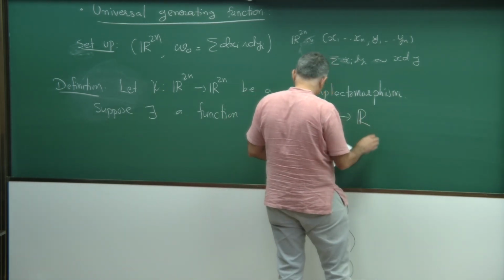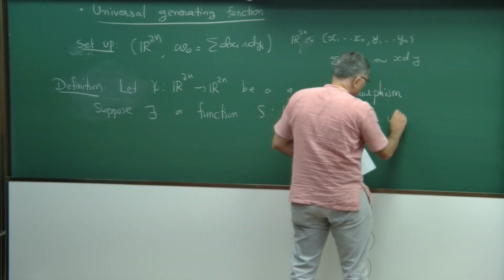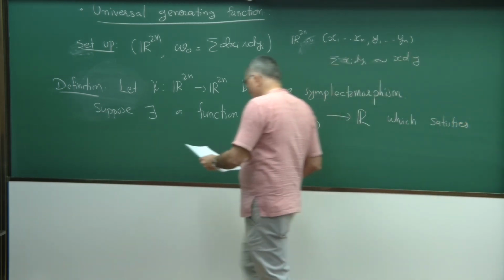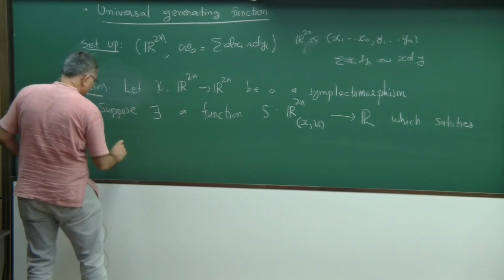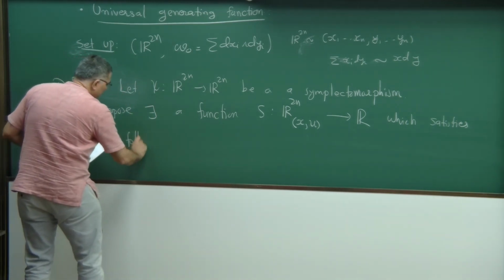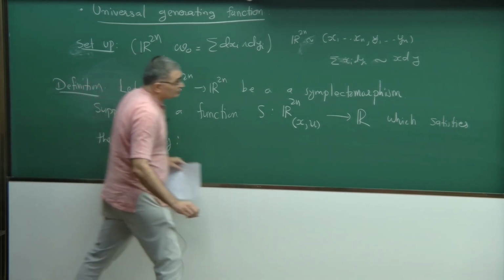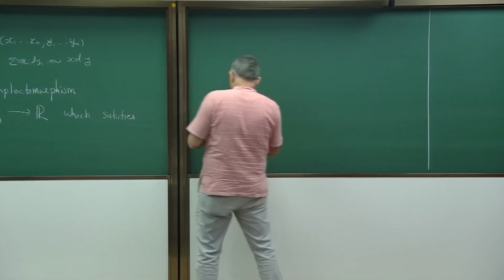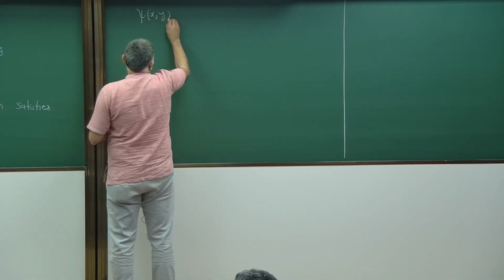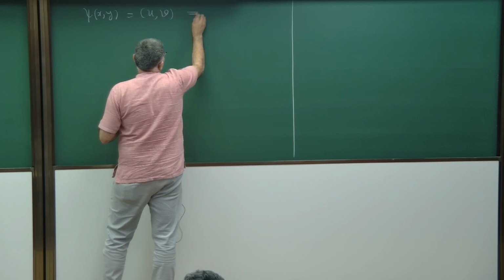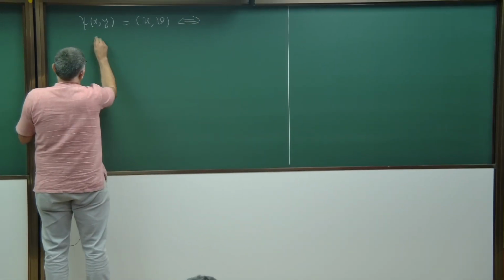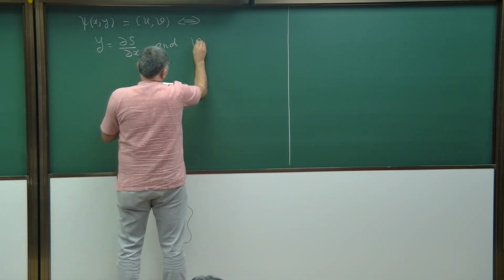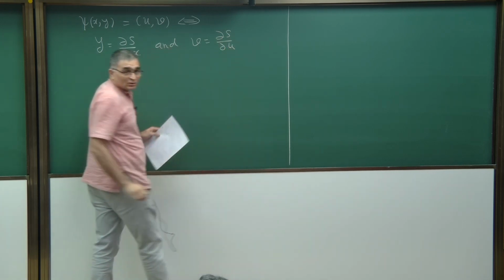So, suppose there is a function S from R2n to R which satisfies the following. psi of (x, y) is (u, v) if and only if y is ds by dx and v is ds by du.